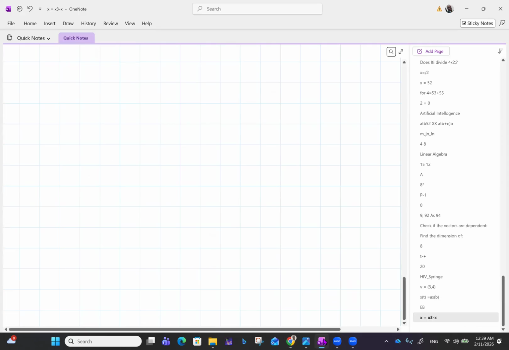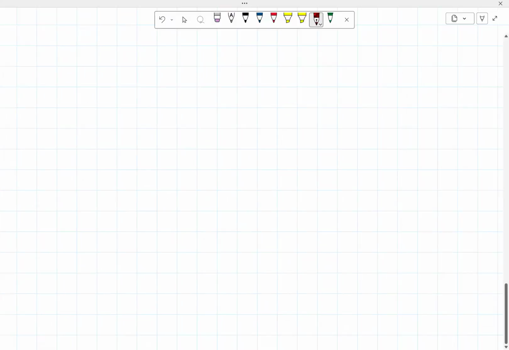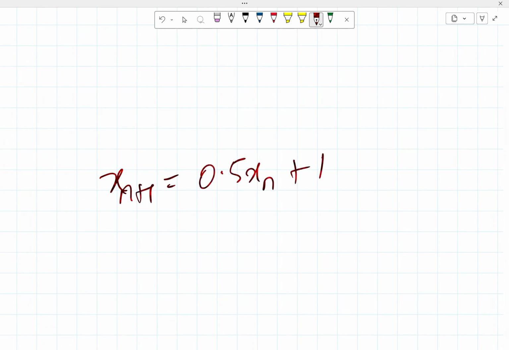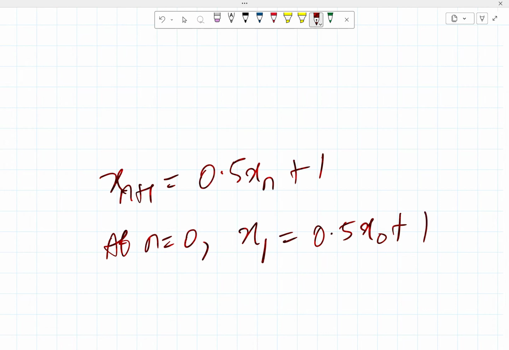So that's x_{n+1} equals 0.5 x_n plus 1. You start at n equals 0, right? You have x_{0+1}, that's x1, equal to 0.5 x naught plus 1.